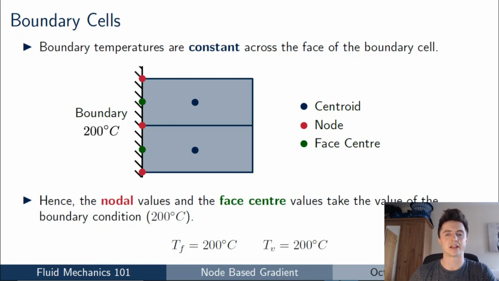We don't have to do any averaging like we looked at in the start of this talk. We can just go directly to the Green-Gauss formula and use that to work out what the gradient is at the cell centroid. And I've just made this explicit here in the two expressions you can see at the bottom. TF and TV are both 200 degrees for those cells.